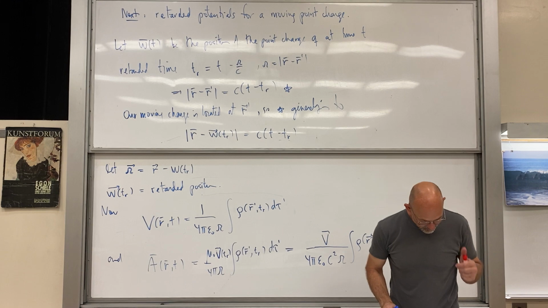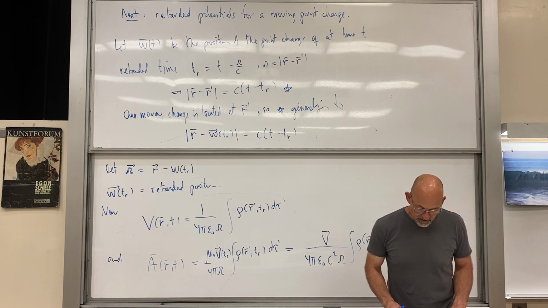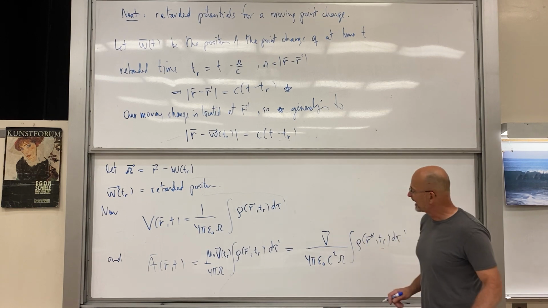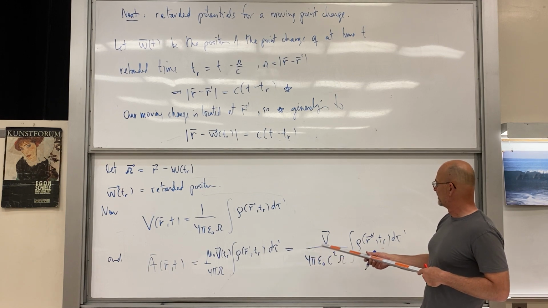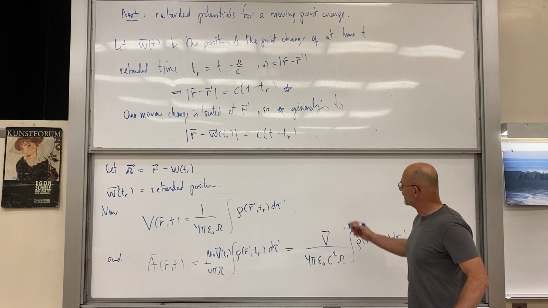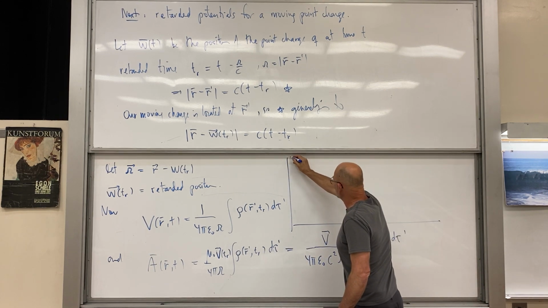Make sure I made my point right there. C squared, very good. So what's the difference between these two? V over c squared, otherwise these two are the same. So let's take that as a preliminary interesting result.